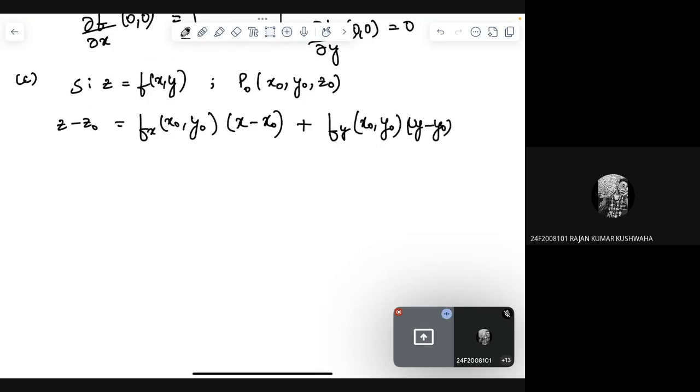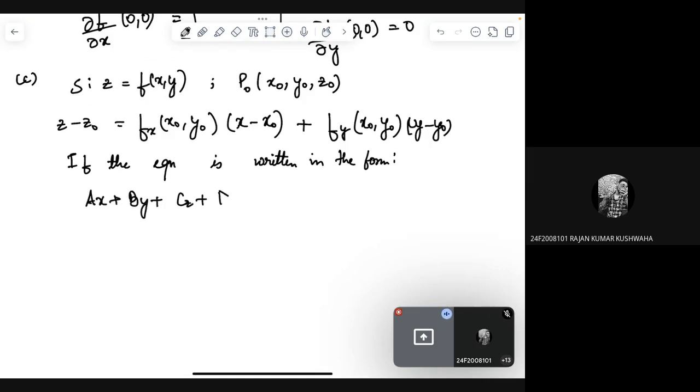Right? So if the equation is written in the form ax plus by plus cz plus d is equal to 0, this is a plane, right?